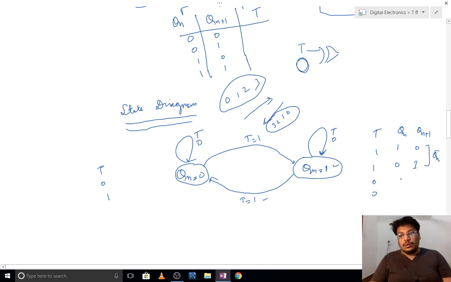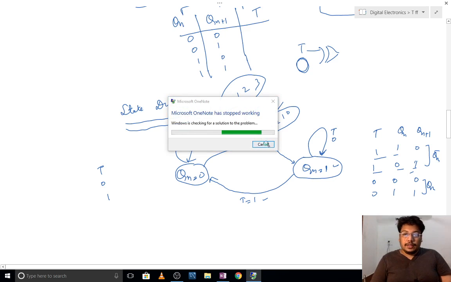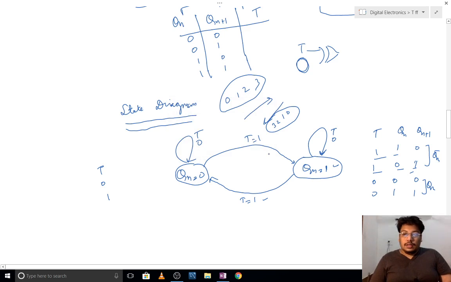If T is 0 and input Qn is 0 or 1, then it will be the same Qn, right? So for 1 it is 1, and for 0 it is 0, and now we have this, right?